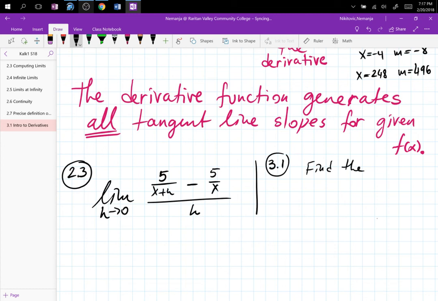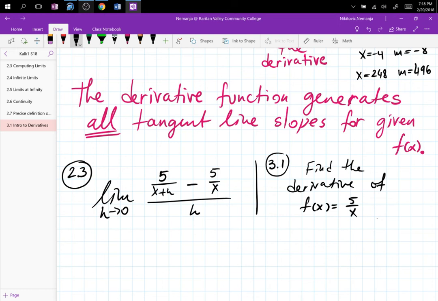Find the derivative of f of x equals 5 over x. So if I ask you the thing on the right, you will eventually have the step on the left, at which point chapter 2 and section 3.1 have the same calculation.